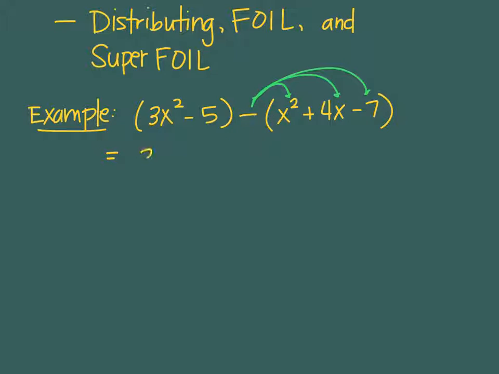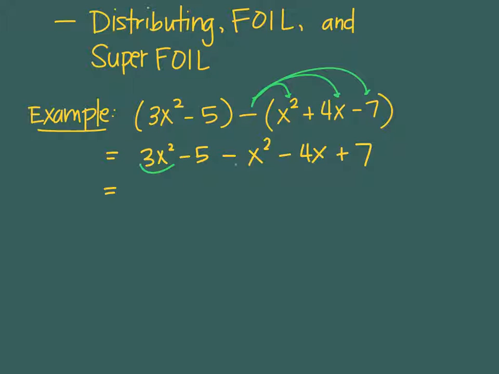So that's going to give me 3x squared minus 5. And then when I distribute, the x squared gets a negative, the 4x gets a negative. But what happens to that minus 7 at the end? Double negative becomes a positive. Now I need to combine like terms, so things that have the matching powers. I've got a couple terms that both have x squared on them.